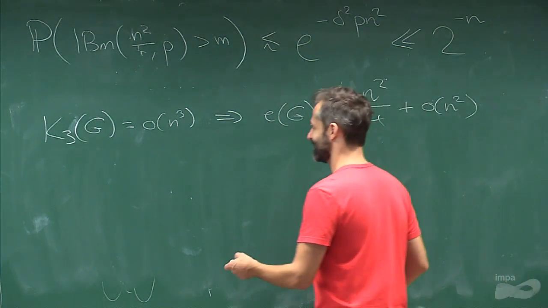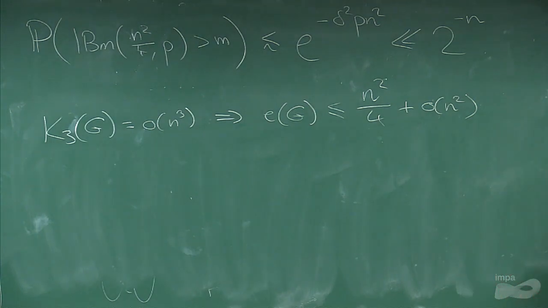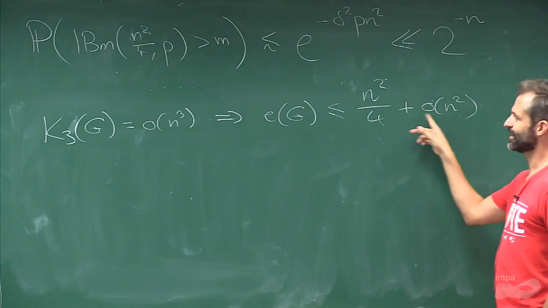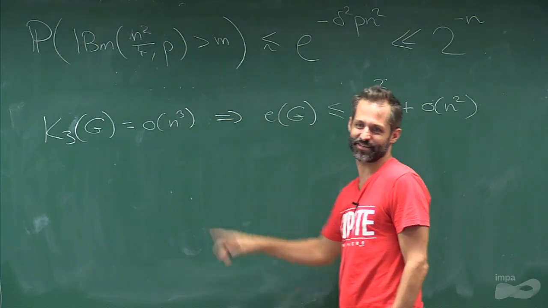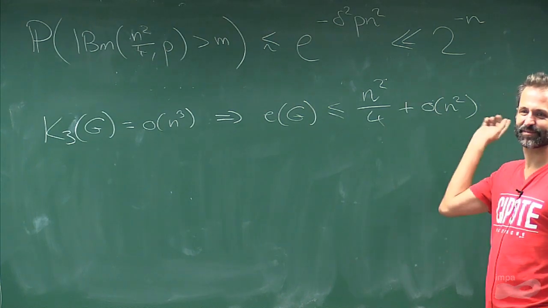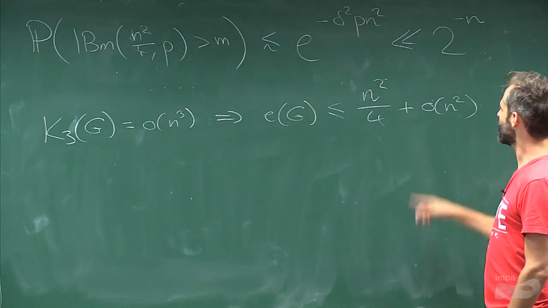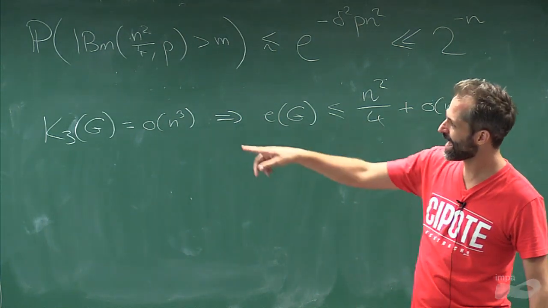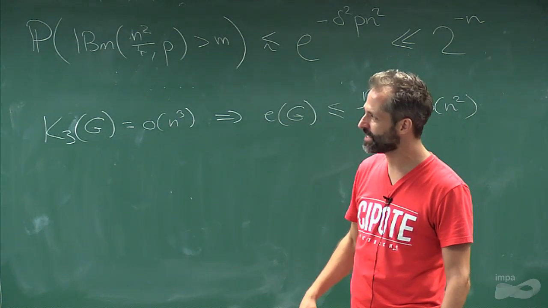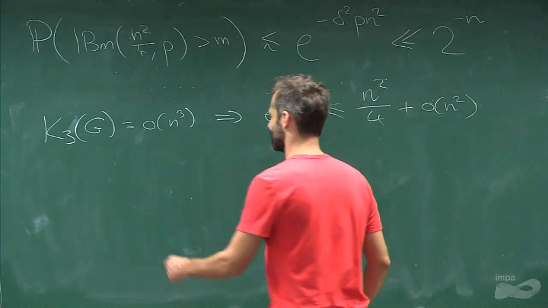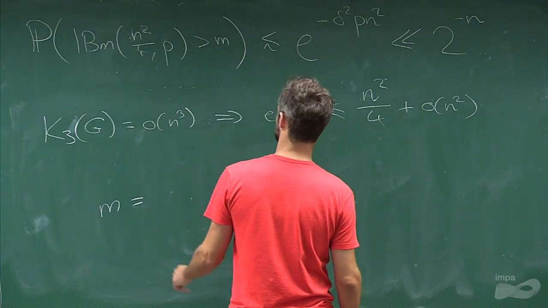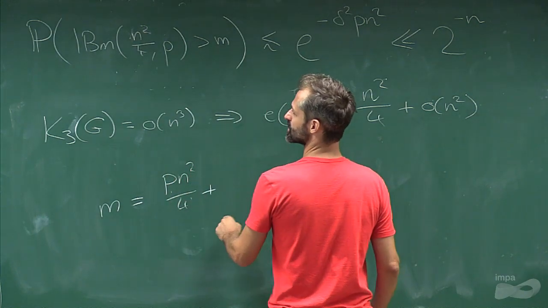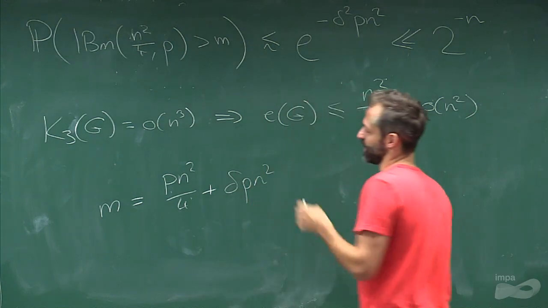I mean, if I'd written plus t, then here I would have had to put t times n, sorry. OK, so we know E of G is at most this. But what's M? M is a half plus delta P n choose 2. So M is basically Pn squared over 4 plus delta Pn squared, essentially.